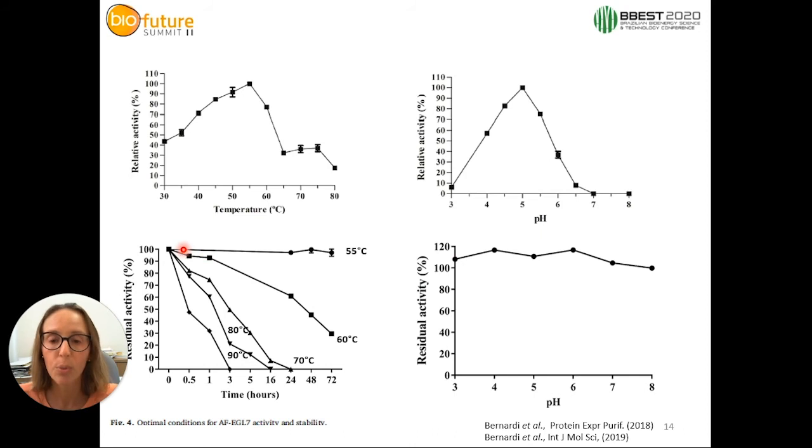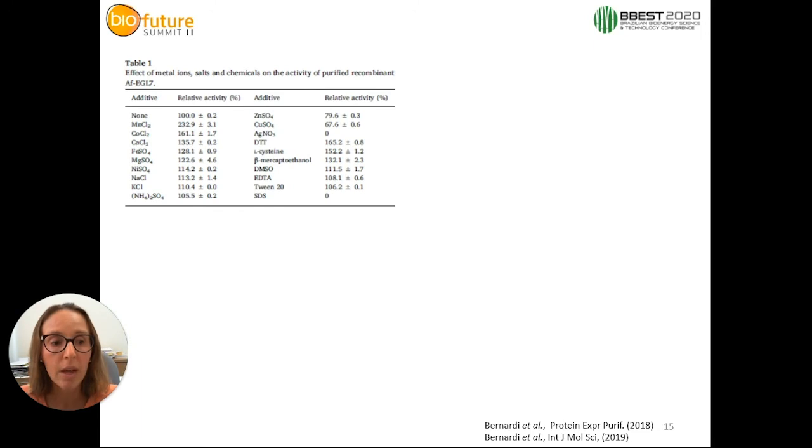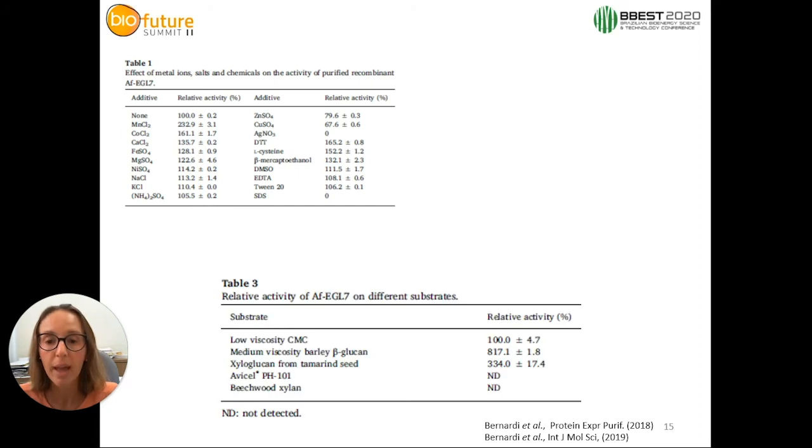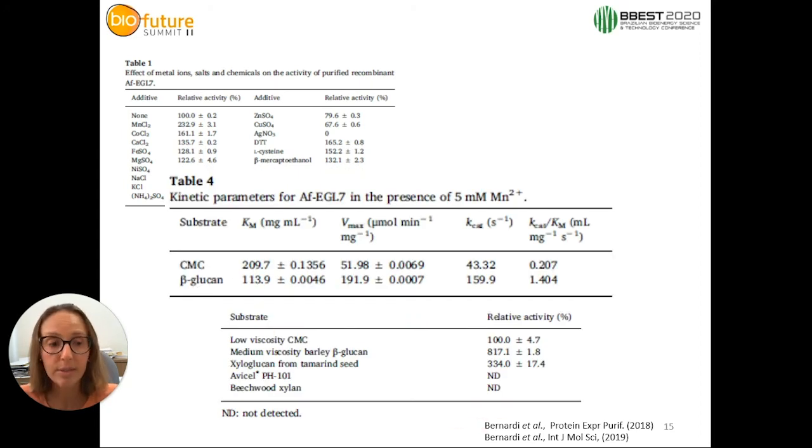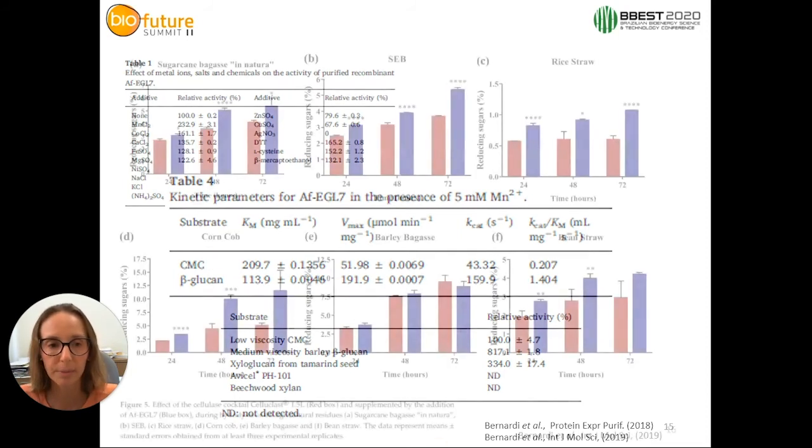These enzymes were highly stable at 55 degrees up to 72 hours of incubation. The effects of metal ions and chemical substances were also analyzed for a better characterization, and kinetic parameters were also analyzed and showed good activity on both substrates, CMC and beta-glucan.